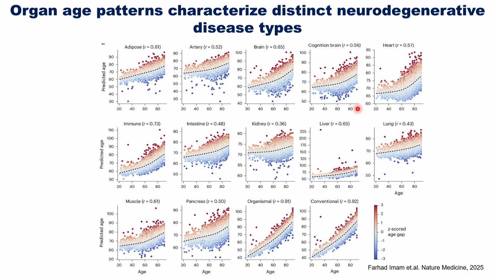Another interesting thing you can do with your proteomic data: they predicted the difference between the chronological age and the predicted age.